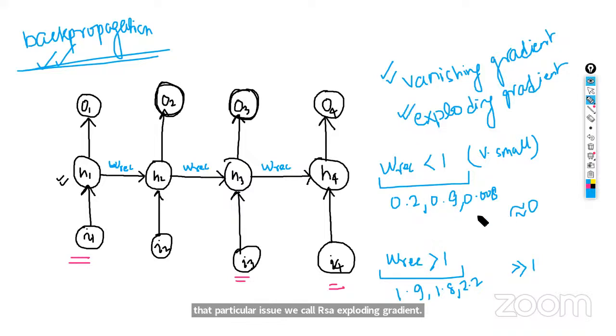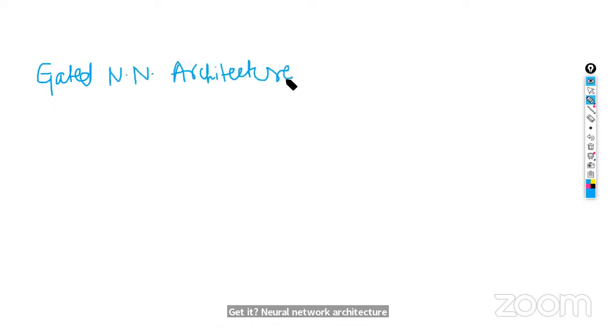And then we also saw the issues with these problems and what the possible solutions will be. One of the possible solutions, which is the best possible solution and the option most of the time we go with, is to choose a gated neural network architecture.